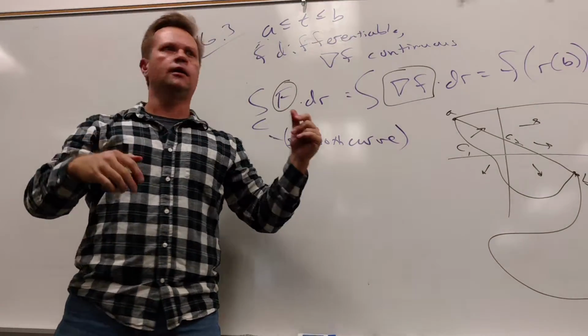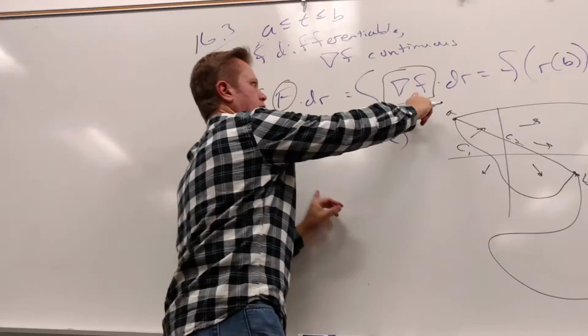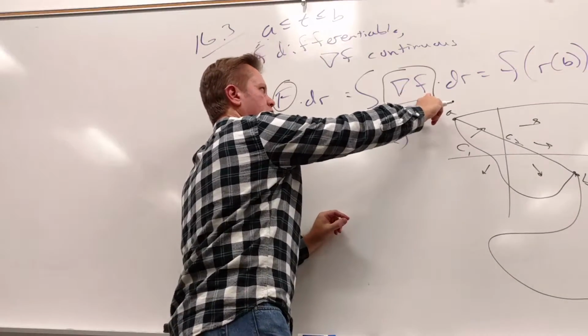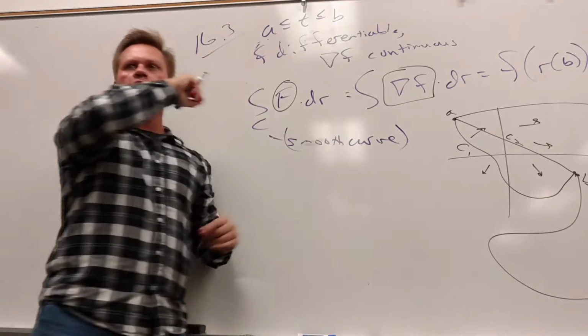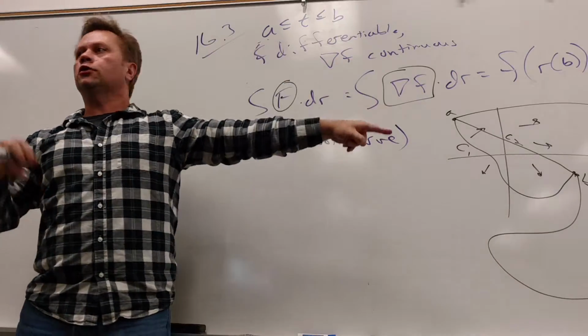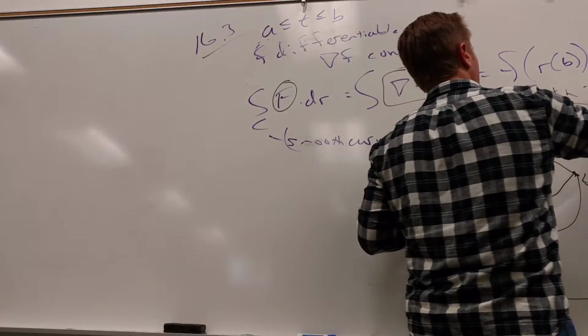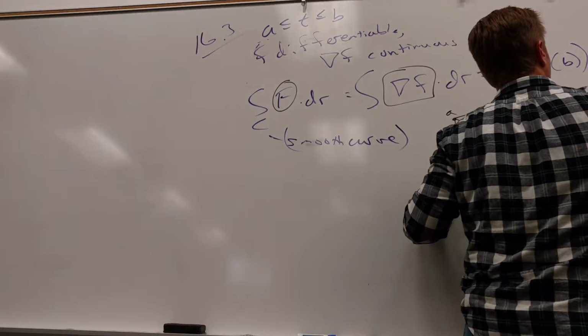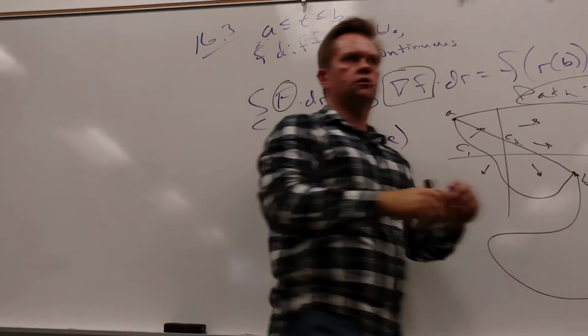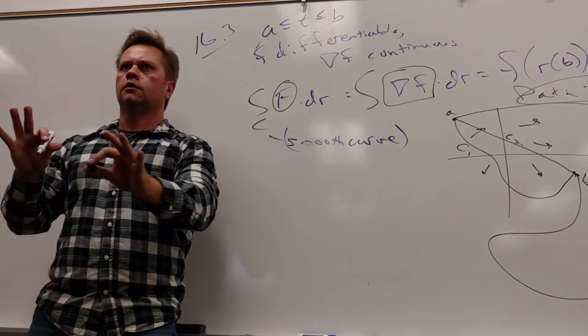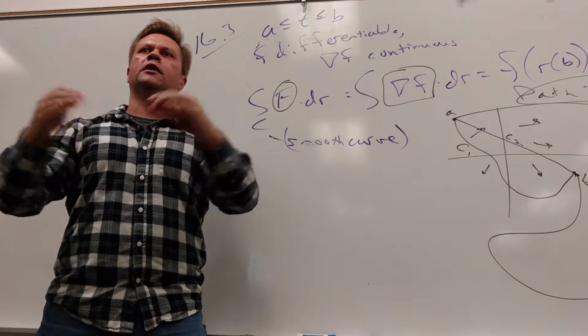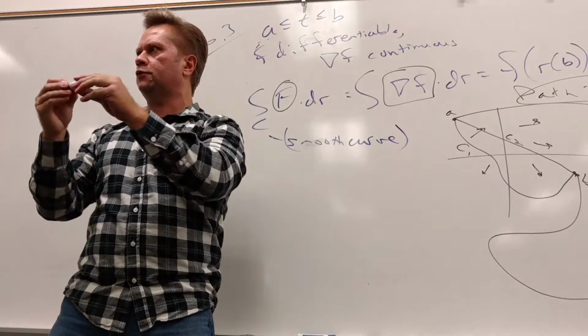So if there is such a thing as the gradient of some function equals the vector field I'm looking at, then this will be true. This is what we call path independent. It's really weird to introduce this topic because it kind of ties back into itself in so many different ways.